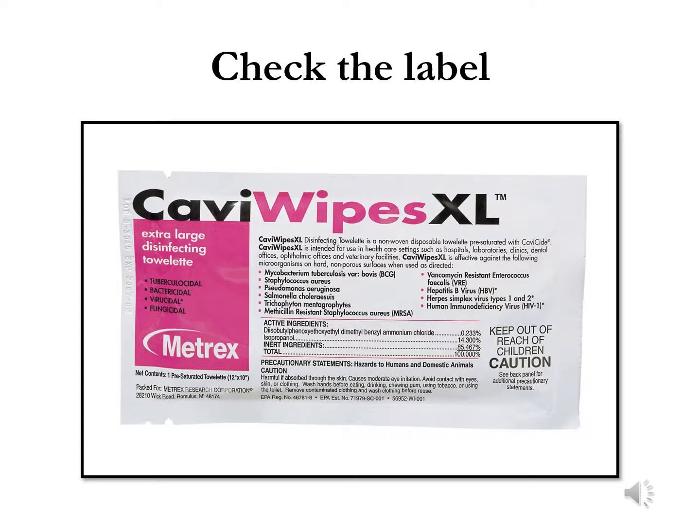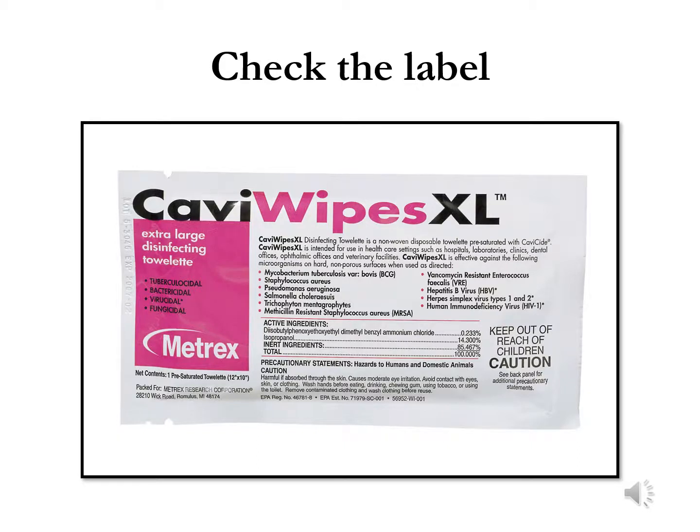It's good to check the label, and it's good to ask questions, because this particular product is interesting as well, and you wouldn't know it if you didn't ask somebody about this particular label, because it says it kills funguses. So why is it called a disinfectant?